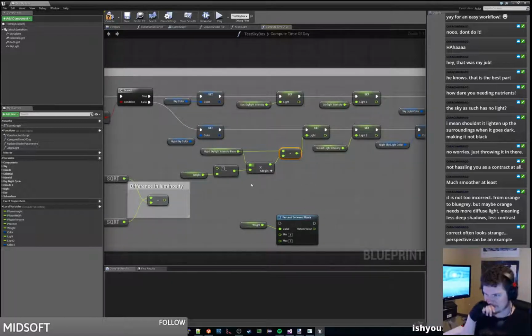It's something like this, where we take the intensity, we do 1 minus the weight, so it'll start at 0, and instead of having it start at 0, we actually want to have it start at the difference between the luminosities.